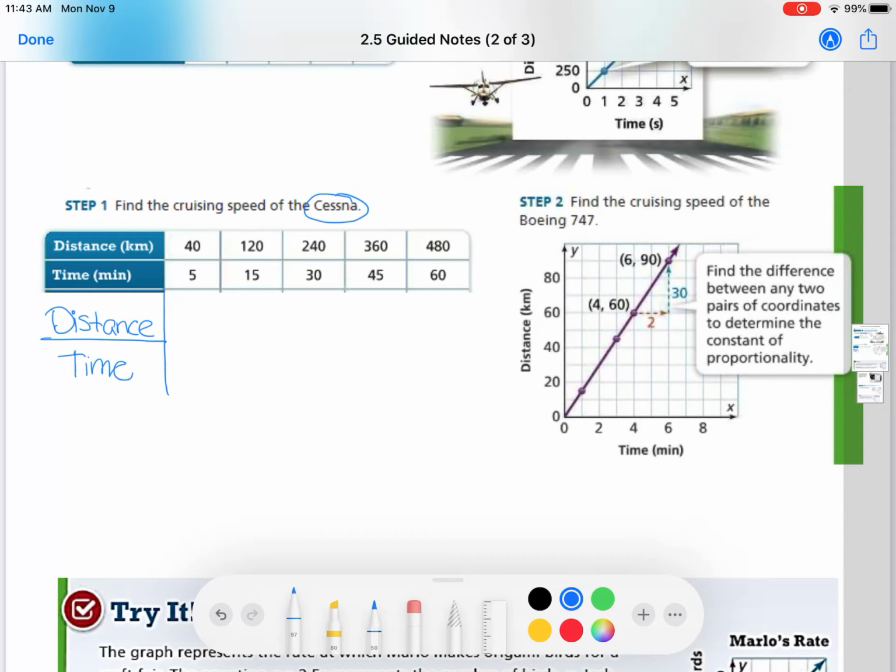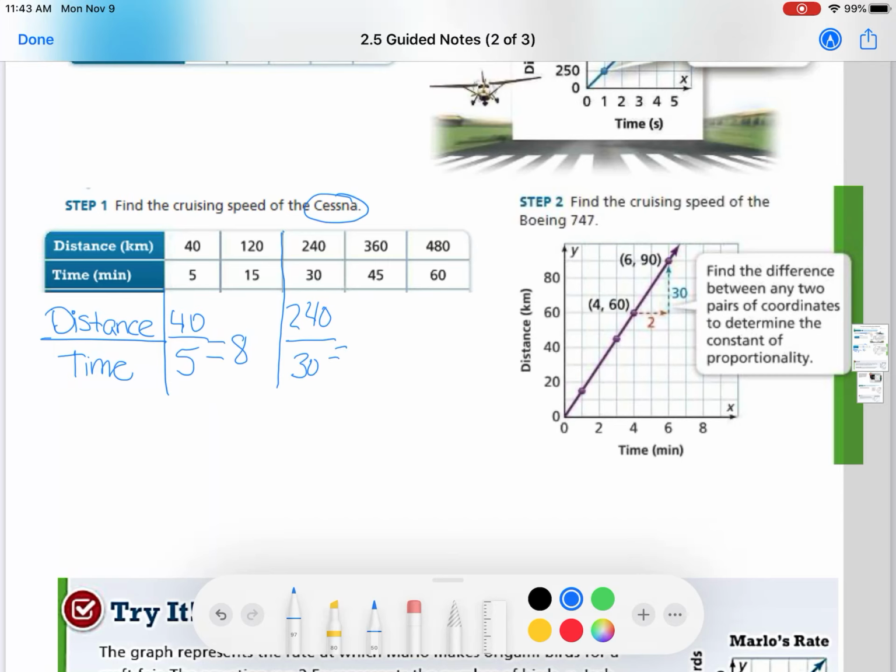So let's look at the first one. That would be 40 over 5. Well, that turns into 8. 40 divided by 5 gives you 8. Let's try it again. I'm not going to do that second one, just for the sake of space. Let's look at the third one, where it's 240 over 30.